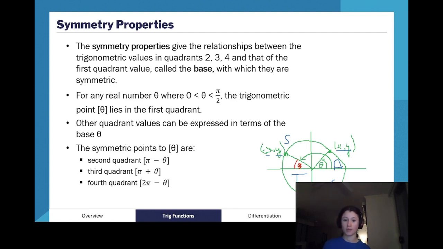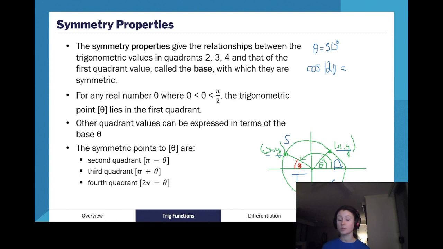So, let's get on to how we can actually use this information to find sine and cos and tan of angles. Say that theta is equal to 30 degrees, and say I asked you to find the cos of 120. I said, look, students, find the cos of 120. You might immediately think, 120, that is not on my table of values, that's not on my special triangles, I have no idea how to do that.